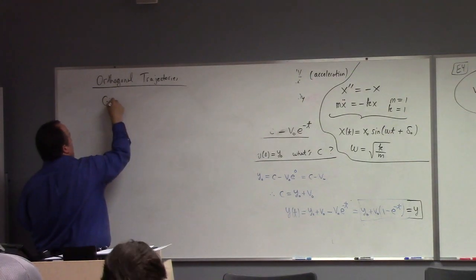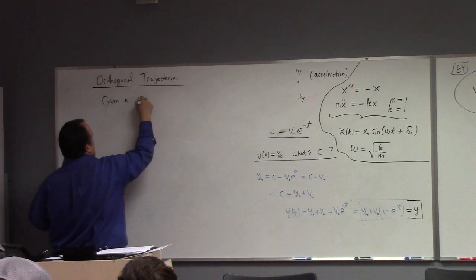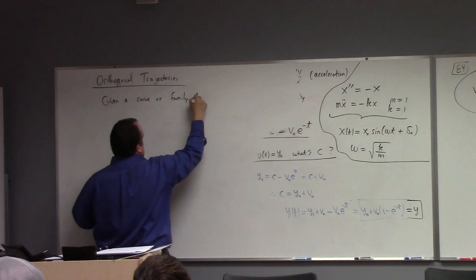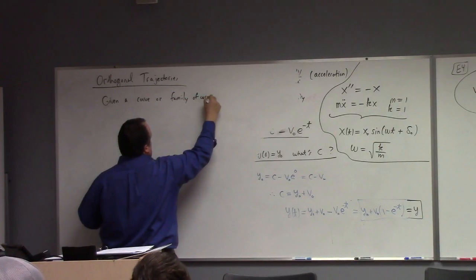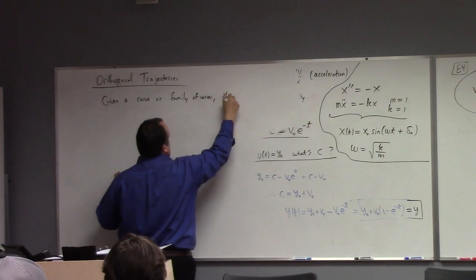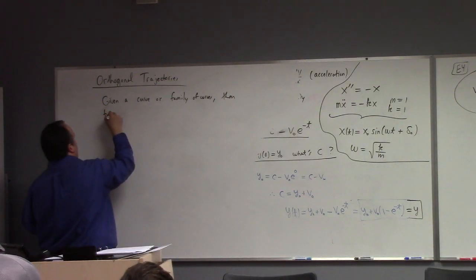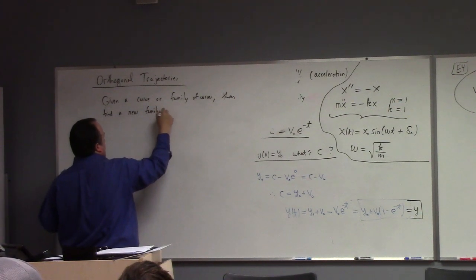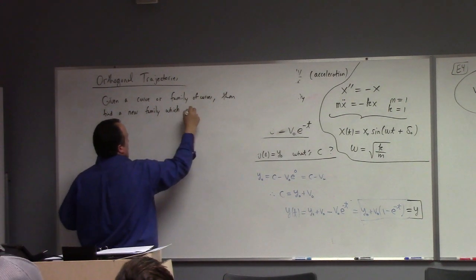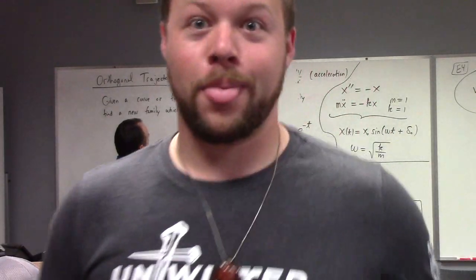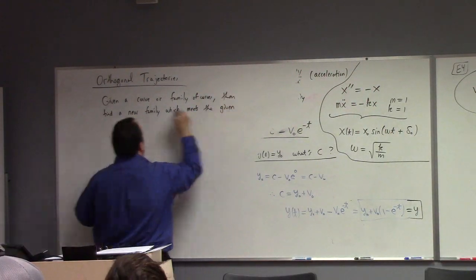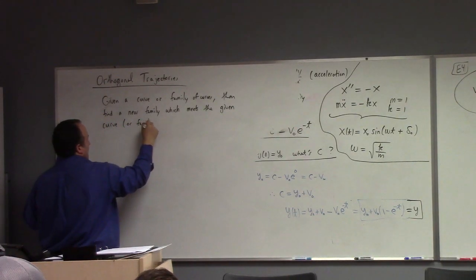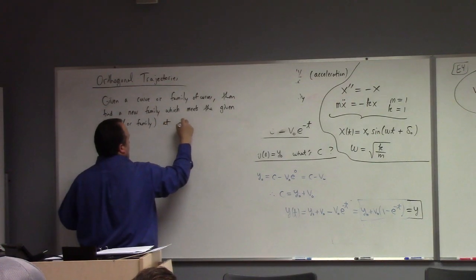Suppose you're given a curve or family of curves and find a new family which meets the given curve or family of curves at 90-degree angles.